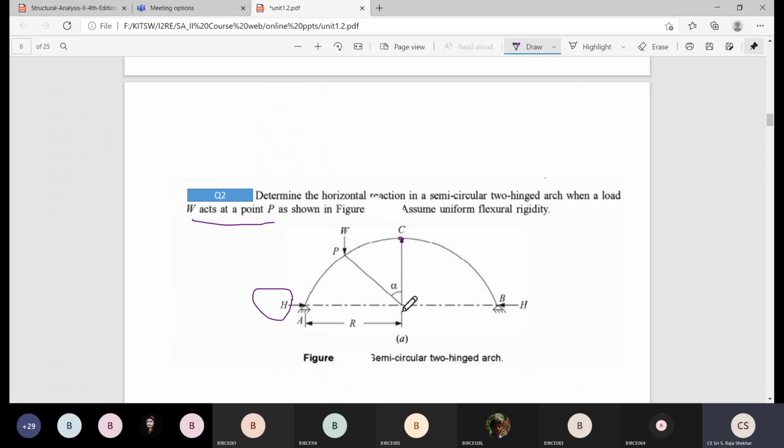So to simplify this, I consider another load of the same magnitude capital W and the same angle alpha. Then this H will become 2H. The horizontal thrust developed here will become 2H.